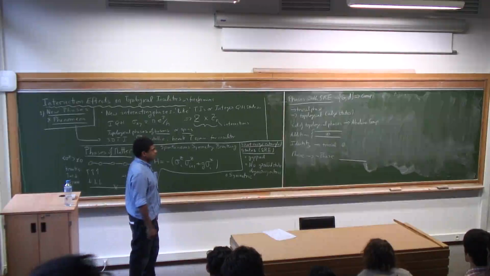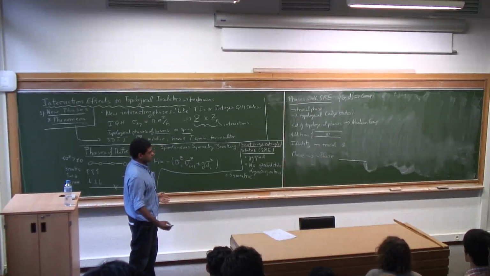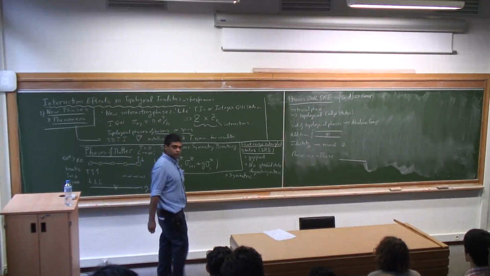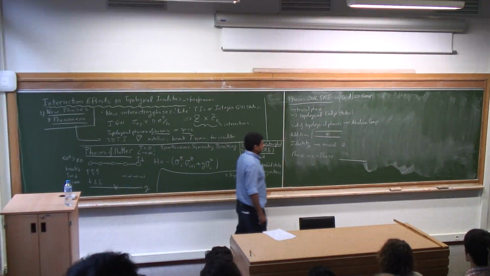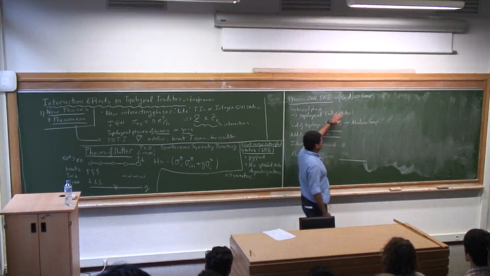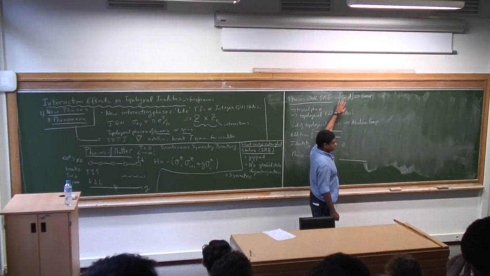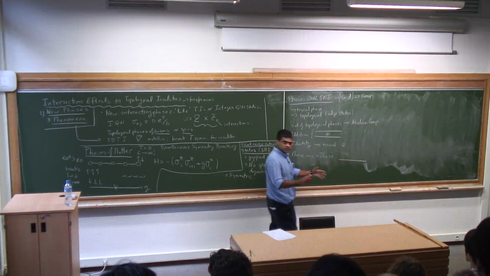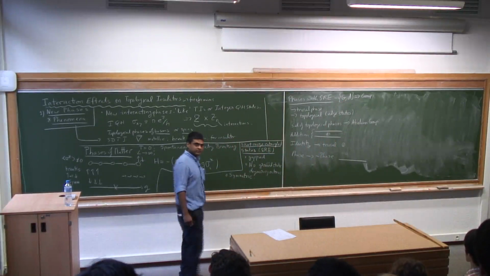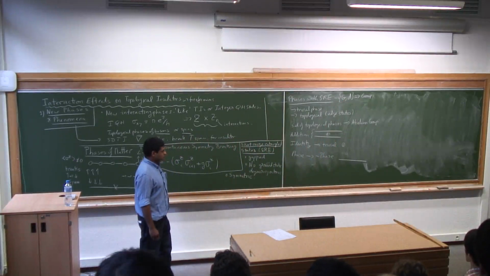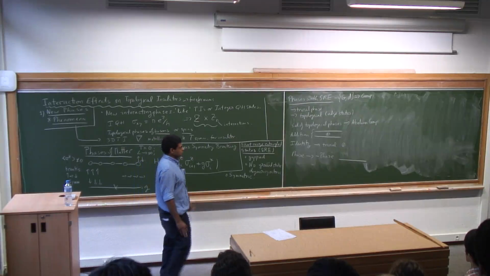Now, in higher dimensions, there's a conjecture that this continues to hold. But there's some problem with that in 3 dimensions, where we found an example of a phase with time reversal symmetry which is not part of this cohomology conjecture. So I would say that's still an open question.